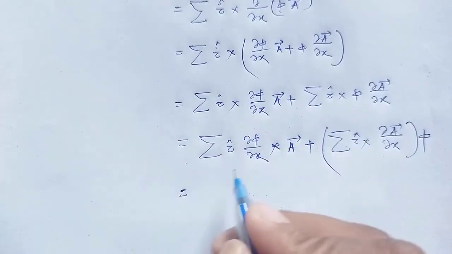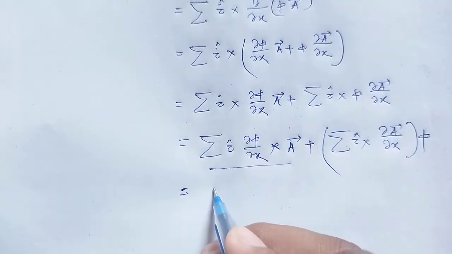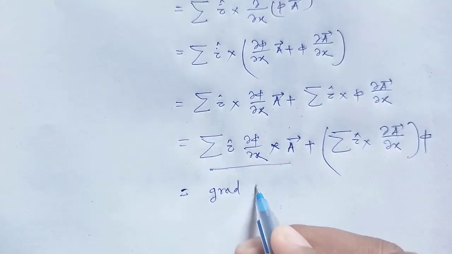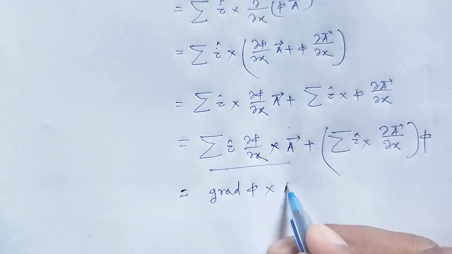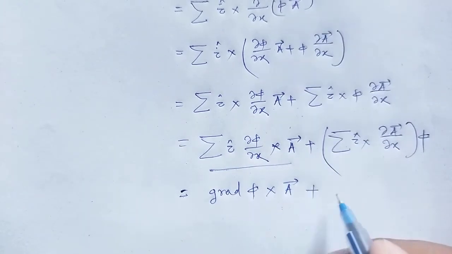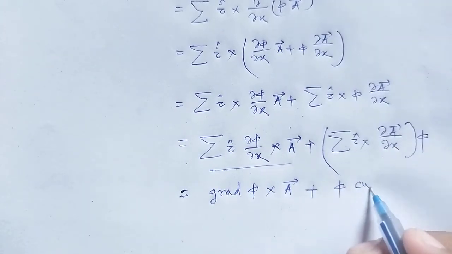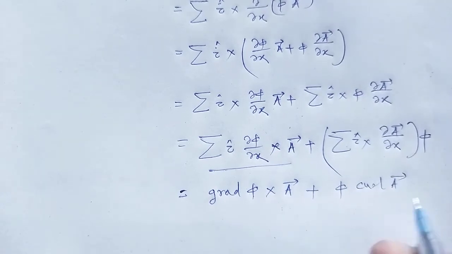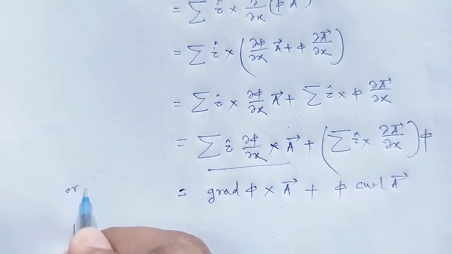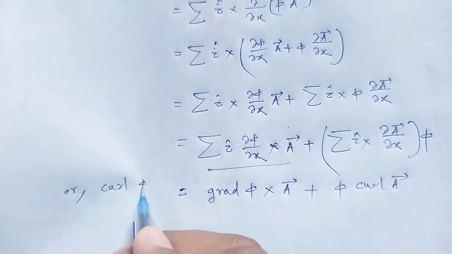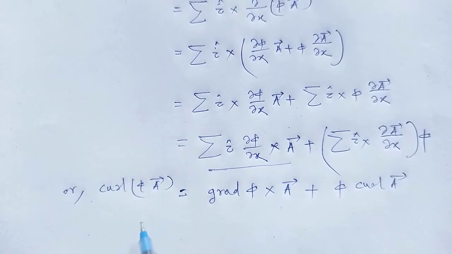That is, this one is grad phi cross a vector plus phi into curl of a vector, that is curl of phi into a vector.